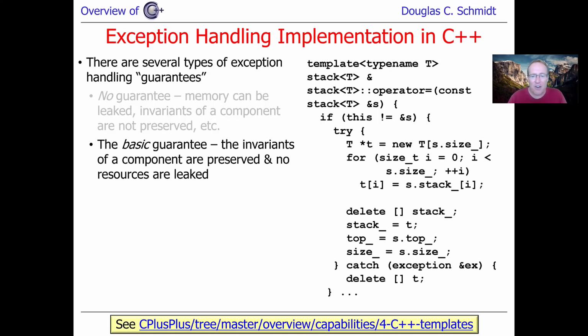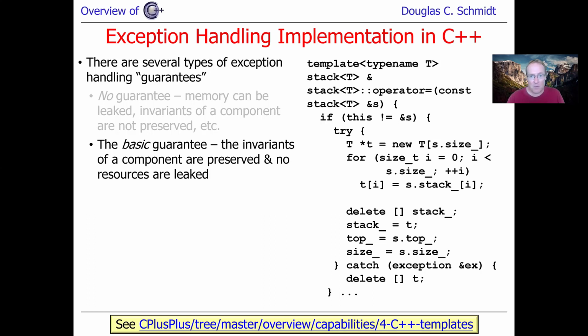The second form of guarantee is the basic guarantee. And all that really means is that I pledge on my Scout's honor that I will not leak memory if an exception is thrown. So here's an example of that. This is also something we had taken a look at when we were talking about C++ templates, where I talked about how you could put try catch blocks in there in order to catch exceptions and then delete the memory.